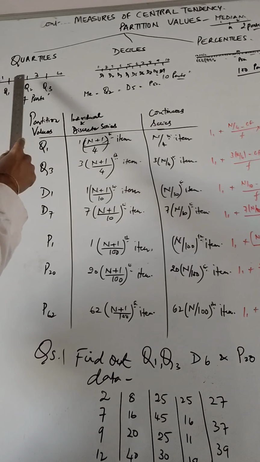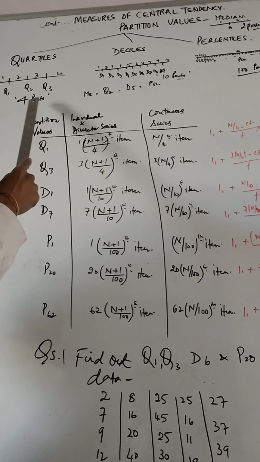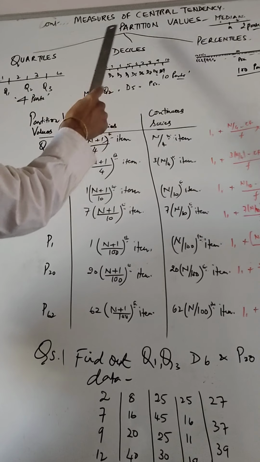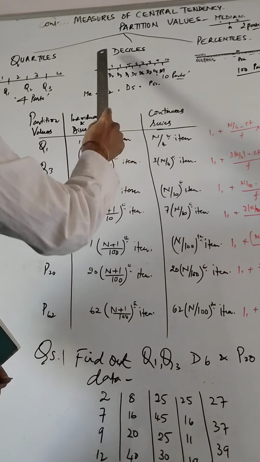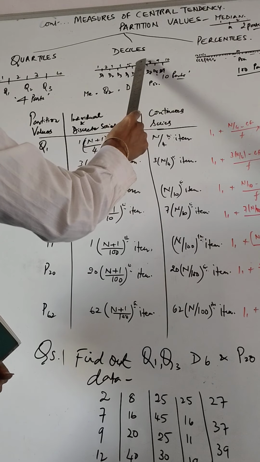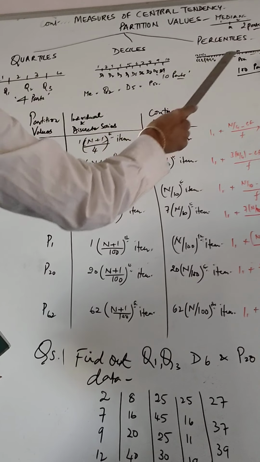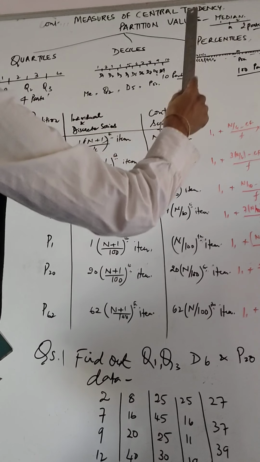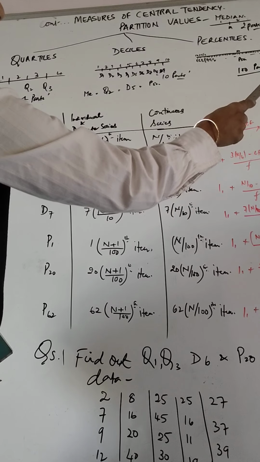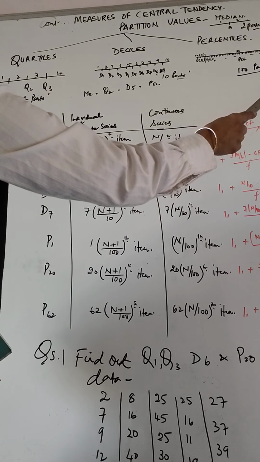When the series is divided into four equal parts. What are deciles? Deciles are when the series is divided into 10 equal parts. And what are percentiles? When the series is divided into 100 equal parts.